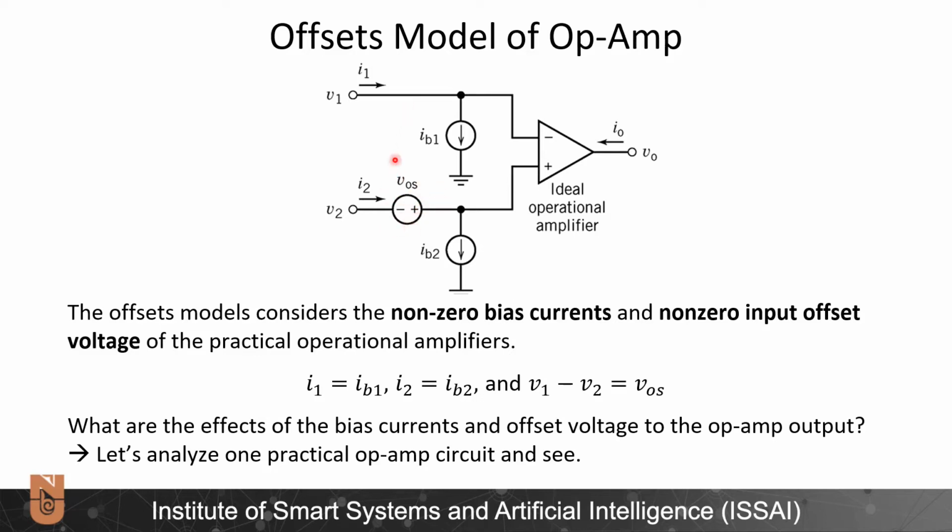In other words, the difference between V1 and V2 is not equal to 0, but it is equal to VOS. What are the effects of the bias current and offset voltage on the op-amp output? So we are engineers, so let us analyze this circuit using a practical example and see what the effects will be.